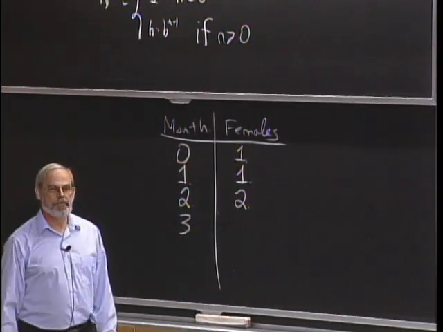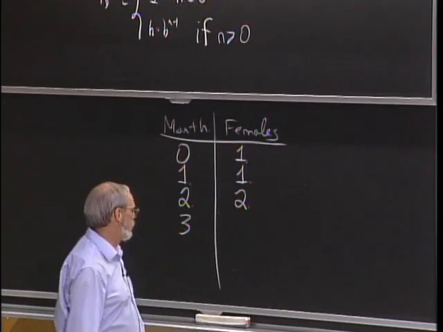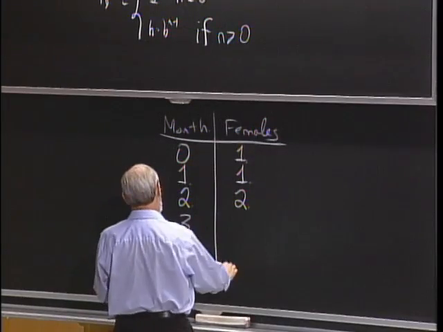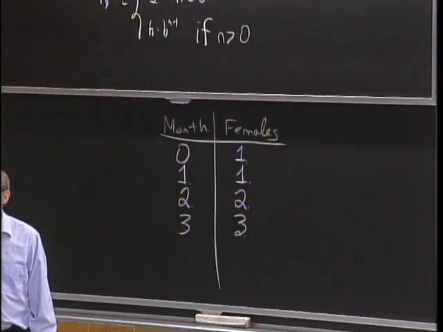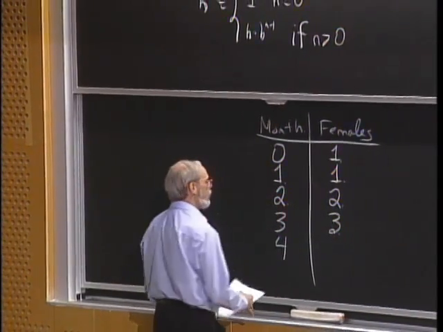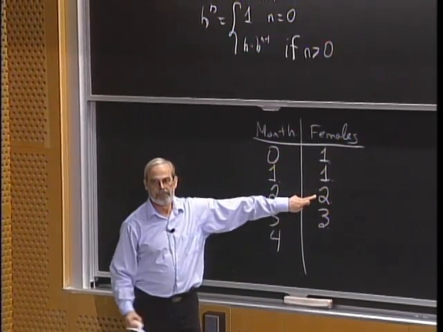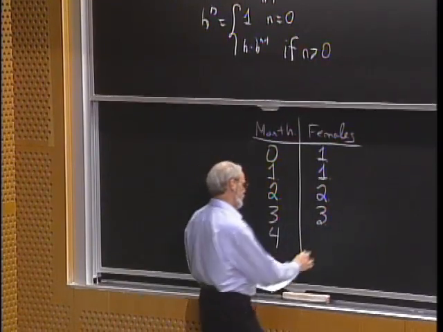At the end of the 3rd month, that initial female has again been pregnant and has produced, and these 2 are still there. So there are 3. Okay, at the end of the 4th month, both of these females have now produced offspring, and those 3 females are now pregnant.